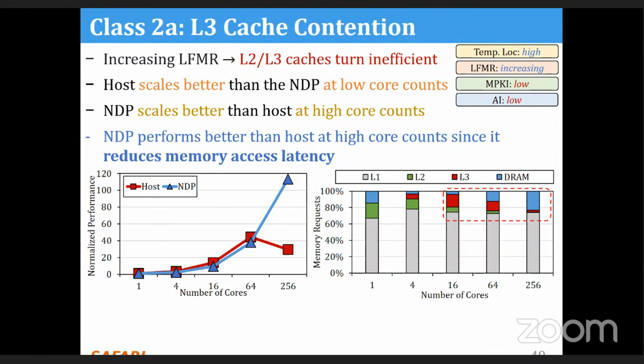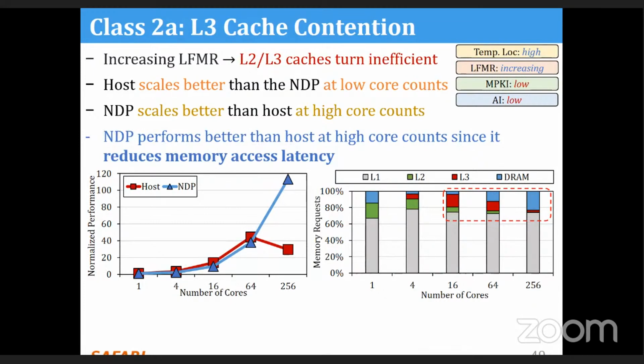And also how, as I said, the caches turn inefficient when we increase the number of cores. You can see in this plot where the memory requests are satisfied. Here it's L1, L2, or DRAM.